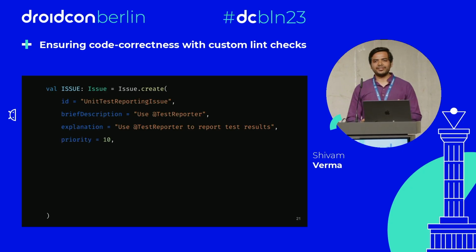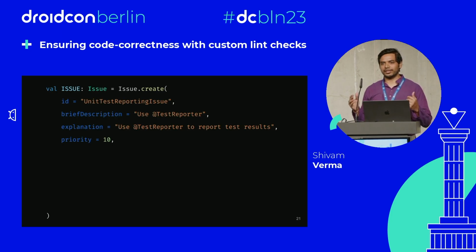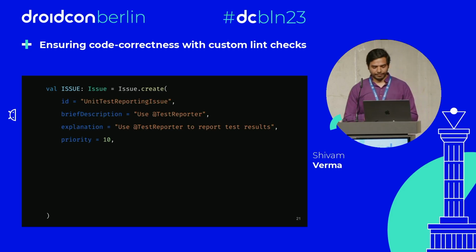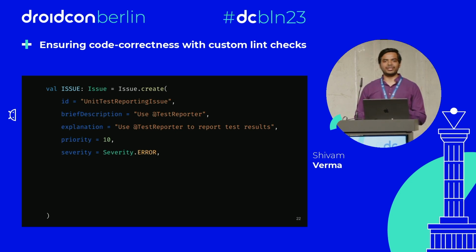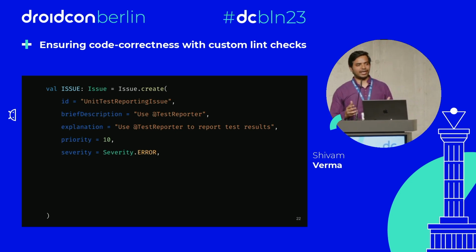Then there's a priority, which can go from 1 to 10. This priority is used to order issues when multiple are found in a file. Then you can also define the severity of the error, which can go from error to warning and so on. You can make your build, for example, fail when an error happens, but you can also ignore them depending on your build setup.